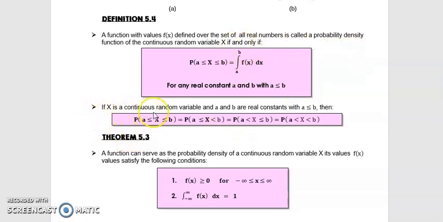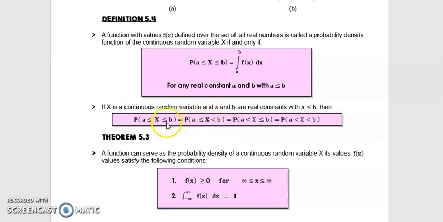If x is a continuous random variable and a and b are real constants with a less or equal to b, then look here. The probability of x greater or equal to a but less or equal to b is also equivalent to x greater or equal to a but less than b.